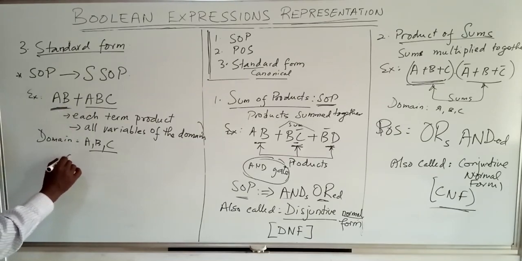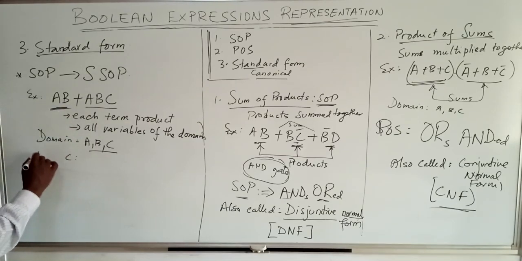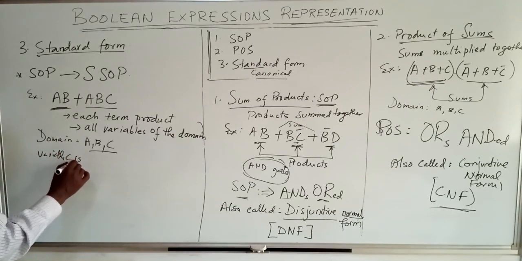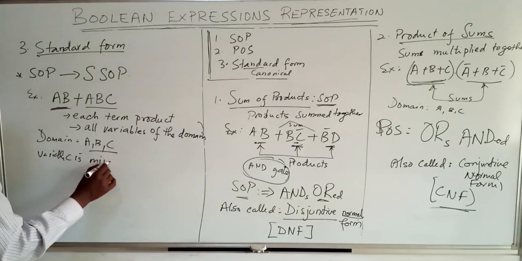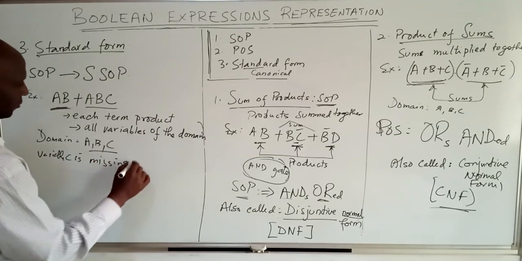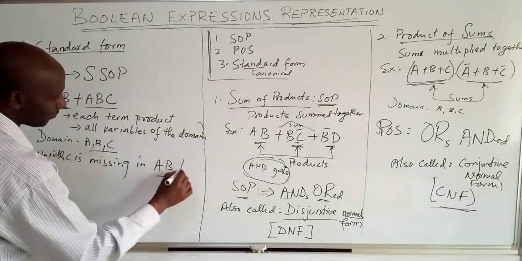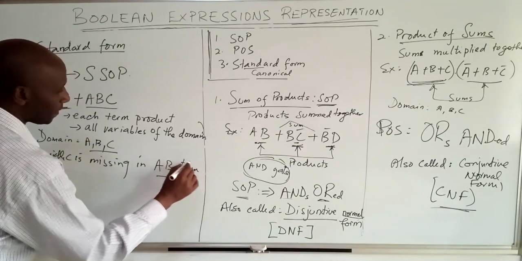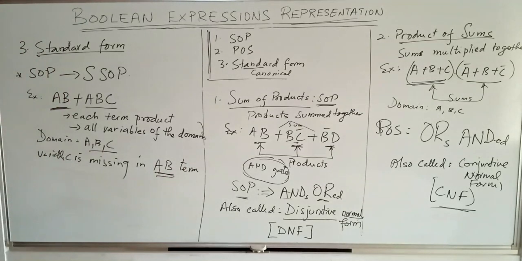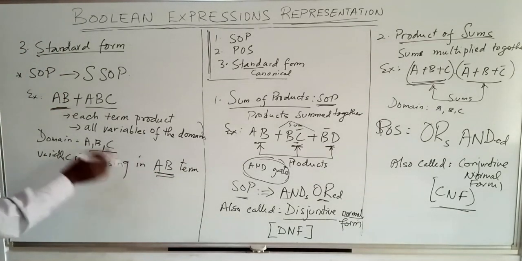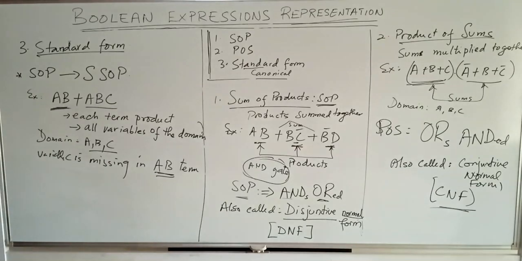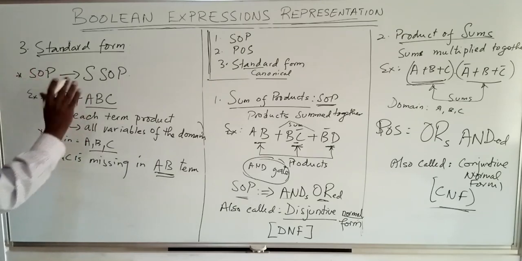C is missing in the AB term. So as C is missing in the first product term, directly we can say this is not a standard form.